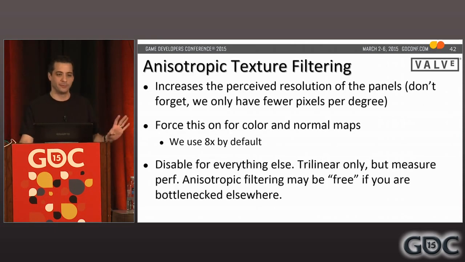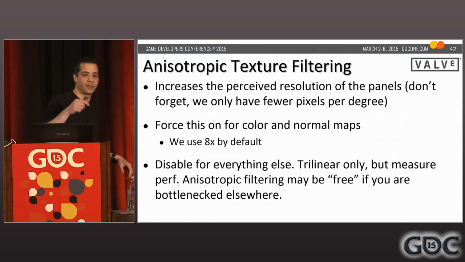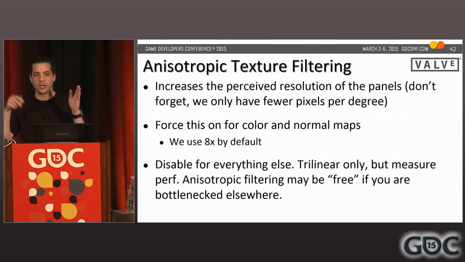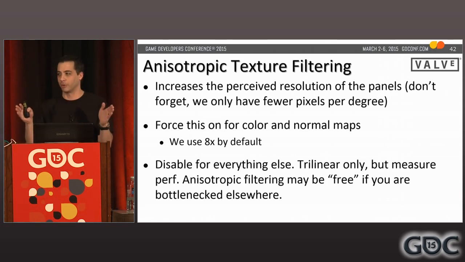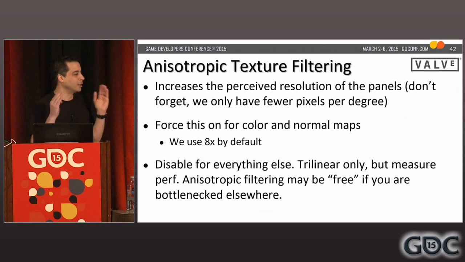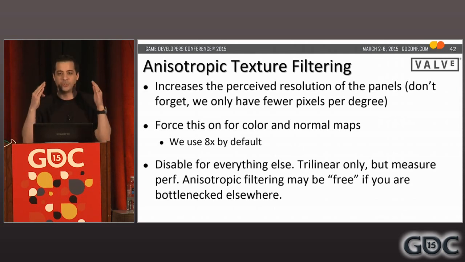Anisotropic texture filtering, 3 seconds on this: use it. We have it forced on to 8x for all of our color and normal maps. If you make it toggleable in your engine, and in VR you toggle on anisotropic filtering of your color maps, I swear it looks like a higher resolution panel in front of you. Those texels being nice and crisp as they go into the distance buys you so much visually.